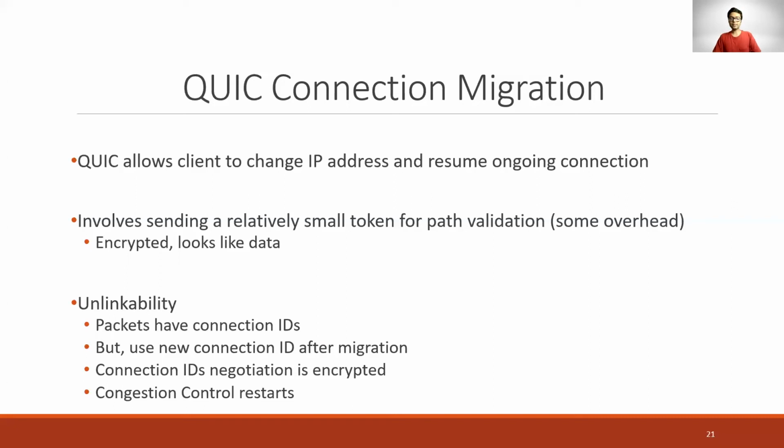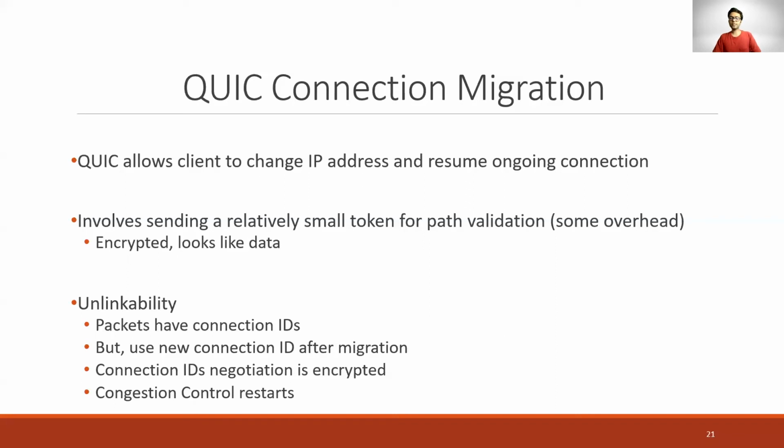Packets have connection IDs, but endpoints are required to use a new connection ID after migration. Furthermore, the negotiation of these connection IDs is encrypted, so an adversary cannot tell which connection ID will be used after migration.